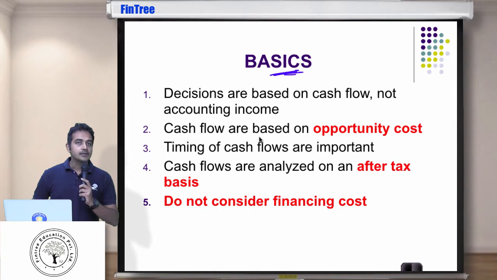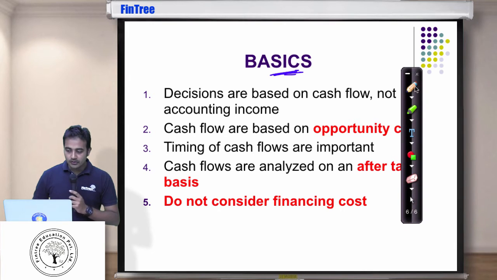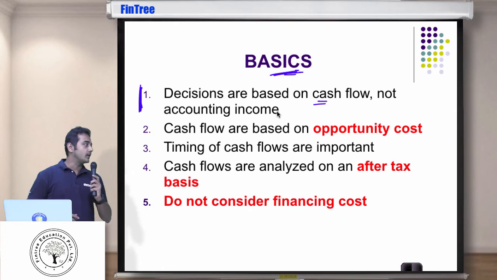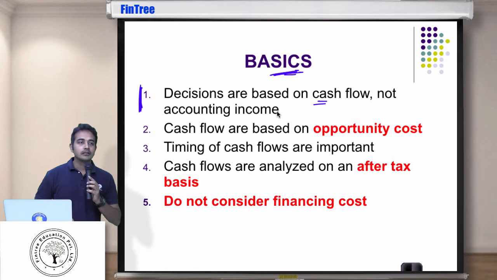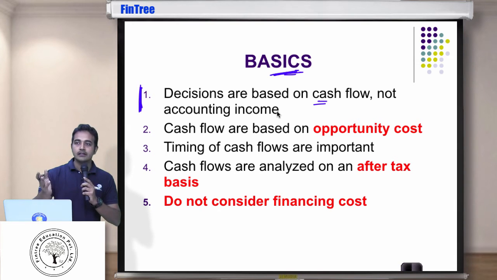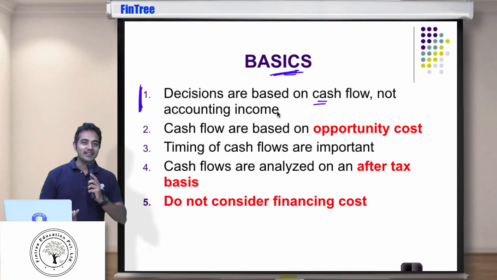Are you done writing this? Okay. First point, can someone help me understand why? One said accounting income is on accrual basis, and another said accounting income might have non-cash items. Accounting income can be manipulated, yes.